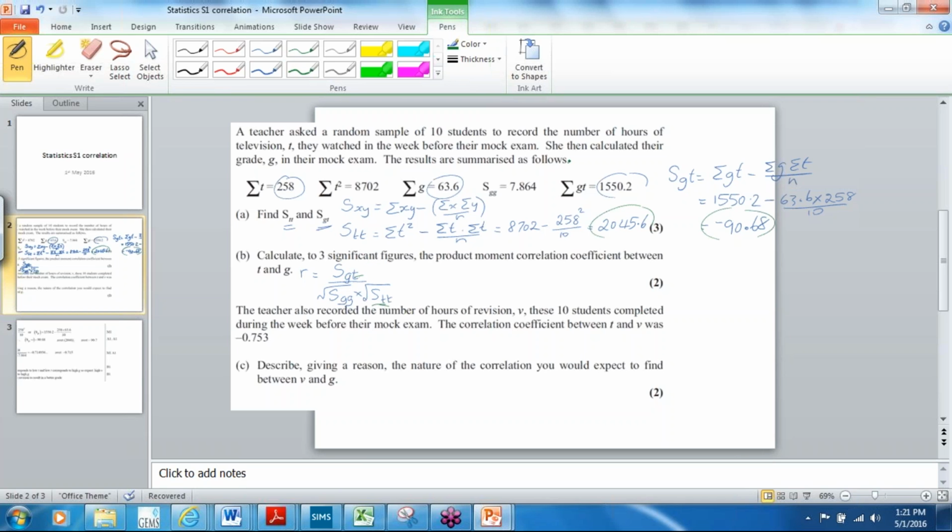So r will equal the covariance of GT, negative 90.68, divided by the square root of S of GG, 7.864, and the square root of the covariance of TT, 2045.6.